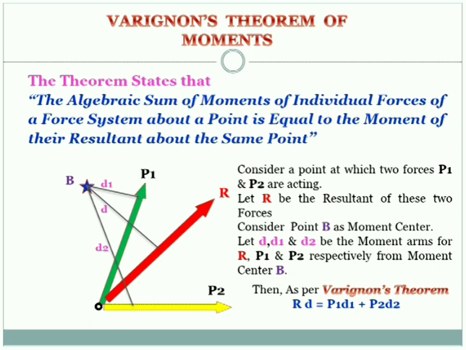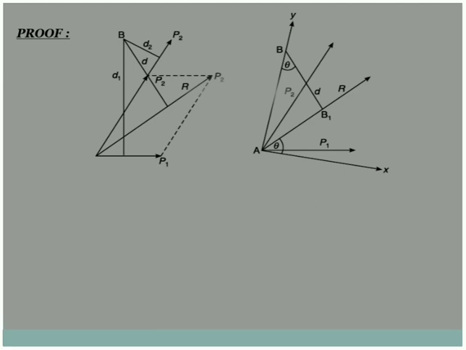Now, let us prove this statement. Every theorem has a proof, and we will try to understand it. I have taken the first figure here, on the left hand side.